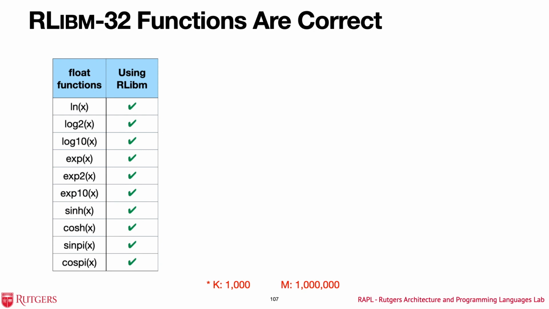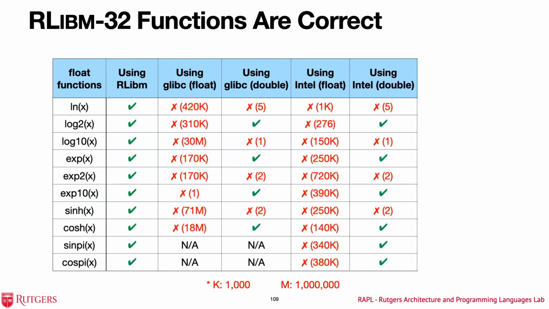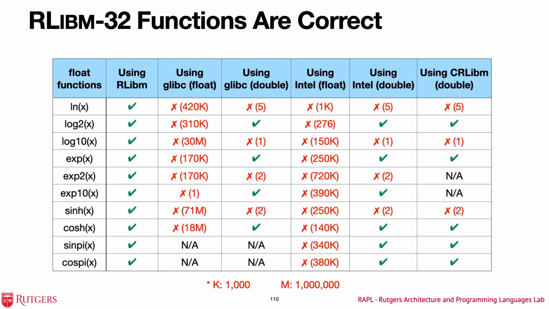Our experiment shows that all of our 32-bit float functions in RLibm32 produce correctly rounded results for all inputs. In contrast, both float and double math libraries in glibc, Intel, and crlibm do not produce correctly rounded results for all inputs. In some extreme cases, mainstream math libraries for float produce wrong results for millions of inputs.